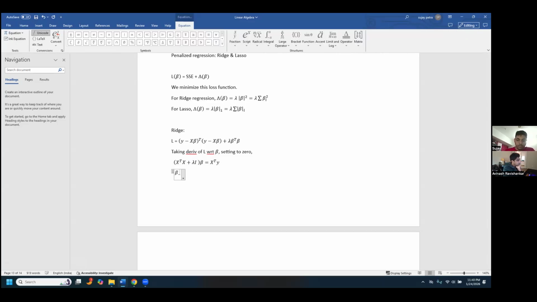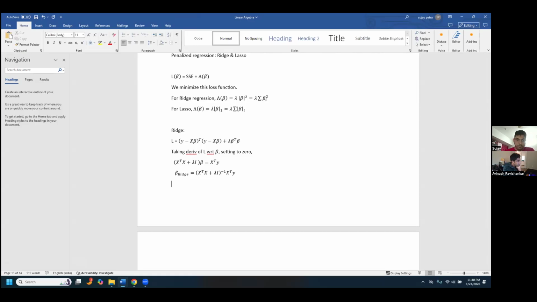Your solution for beta ridge is the inverse of x transpose x plus lambda I, times x transpose y. Make sense? Yes.